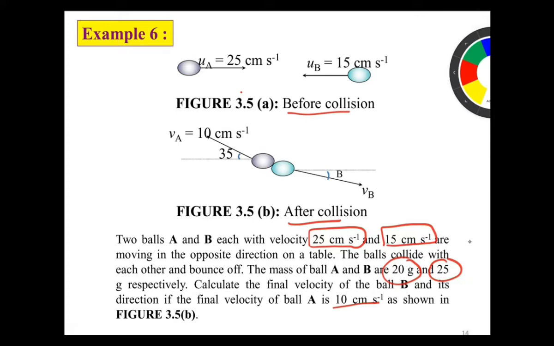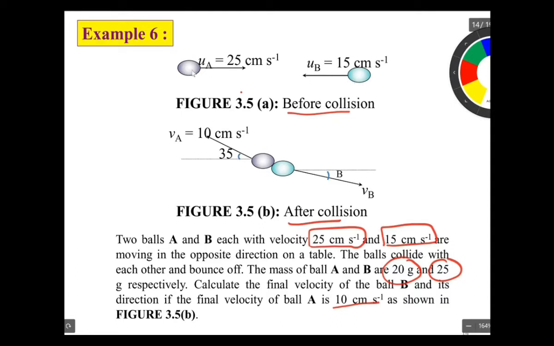Final velocity untuk ball A. Okay, so look at this diagram. UA is equal to 25 centimeter per second. UB, the direction of UB, 15 centimeter per second, opposite direction.